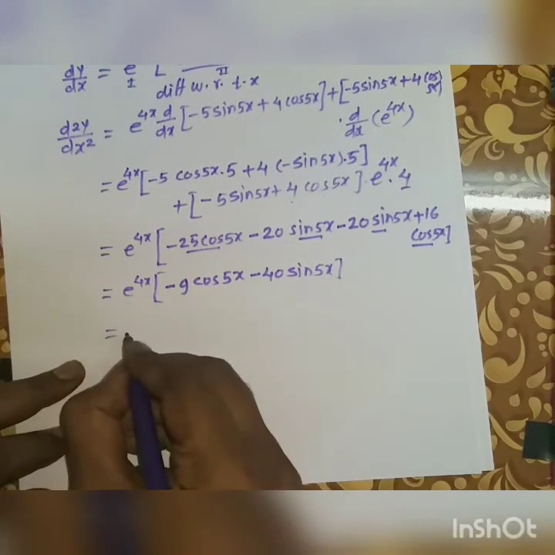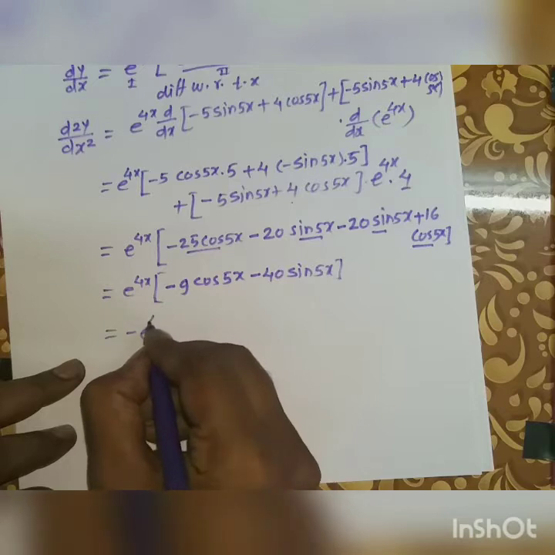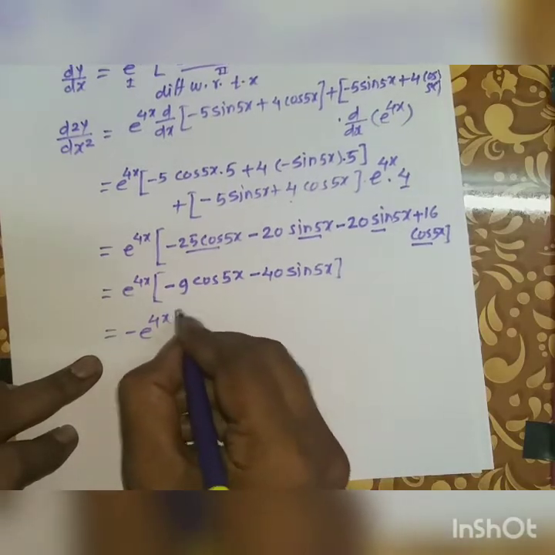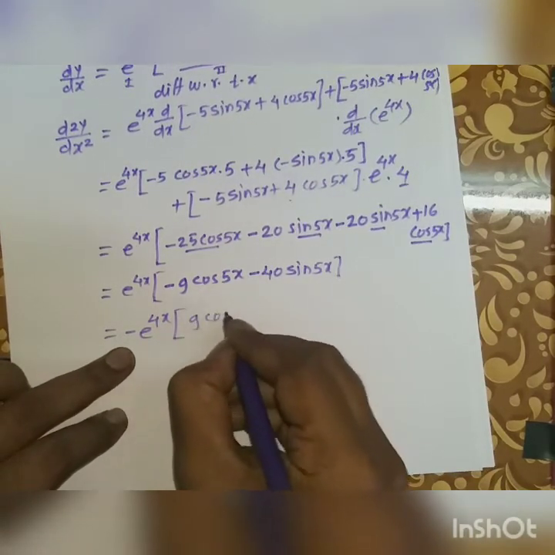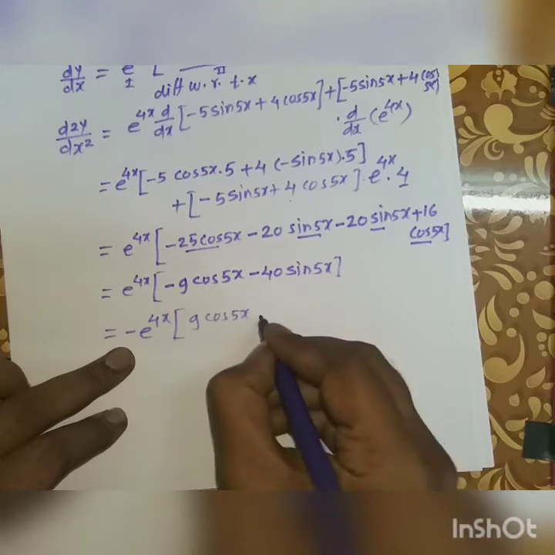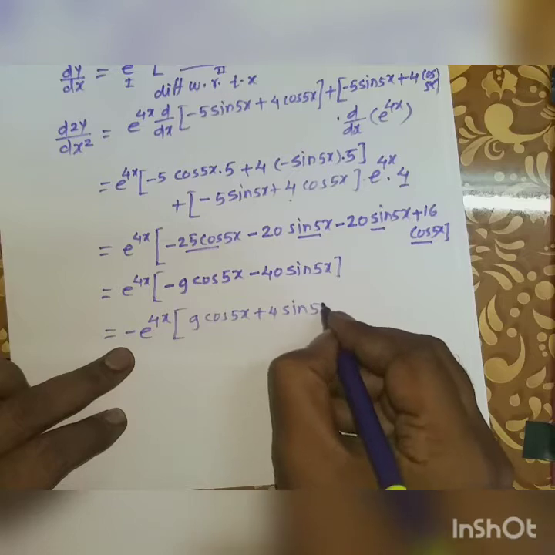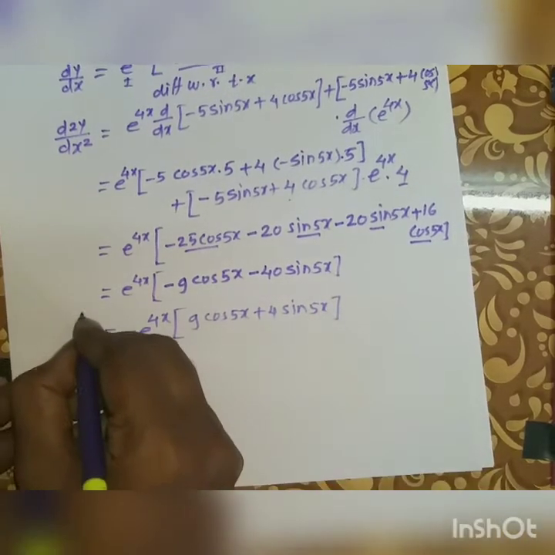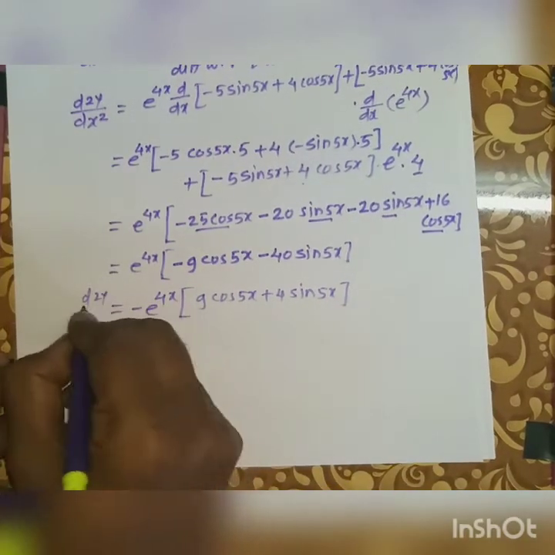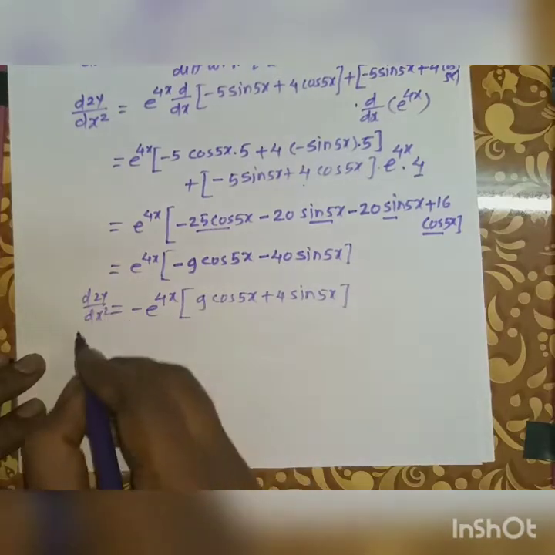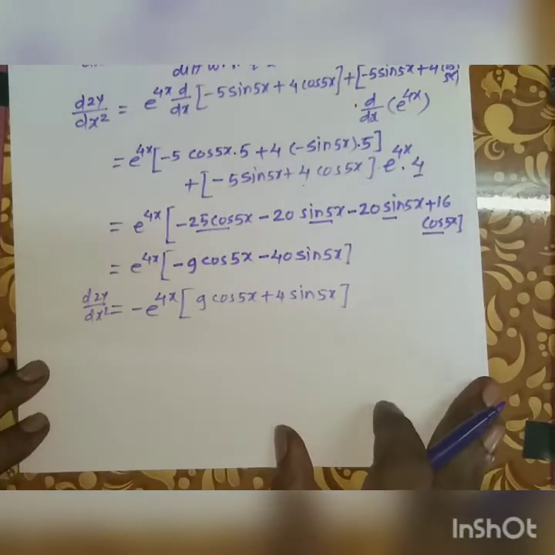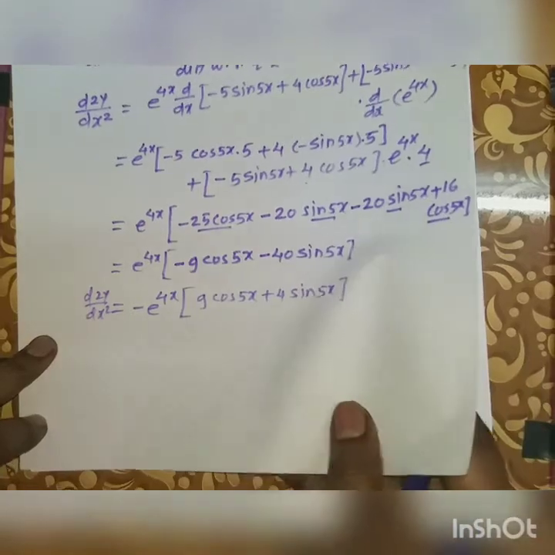Now take minus common: minus e raised to 4x bracket 9 cos 5x plus 40 sin 5x, which is the second order d2y by dx square, the second order derivative of the given function. In this way we find the second order derivative of the given function.